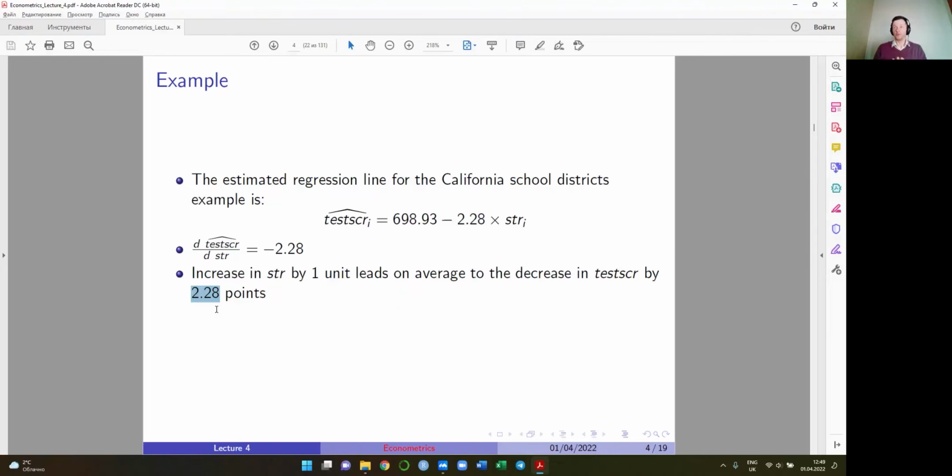If you want to claim that, for example, you are in charge of making decisions in the education system, and you want to improve test scores in your district, and the data scientist brings you this regression and says, well, if we decrease the student to teacher ratio by 1, we can expect an increase in test scores by 228 on average.